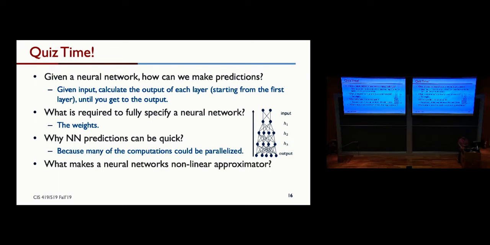What makes them nonlinear approximators? Anybody? Does anybody know why they are nonlinear functions or nonlinear approximators?